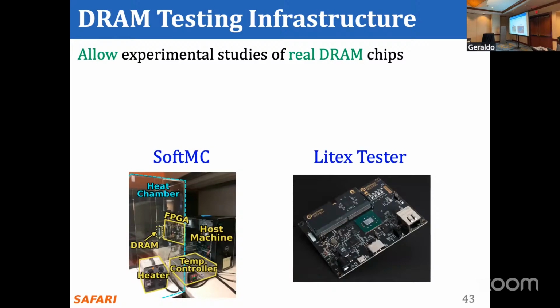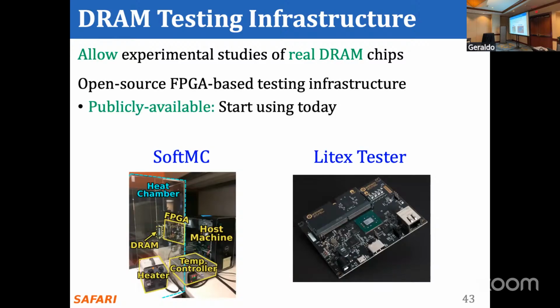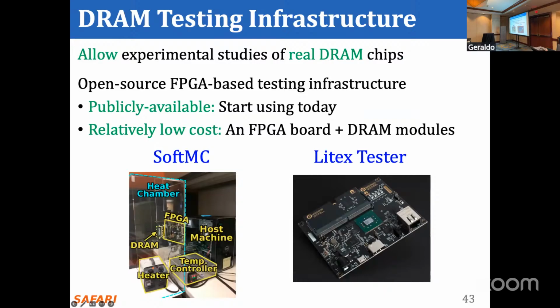There are DRAM testing infrastructures that allow experimental studies of real DRAM chips. Two open source FPGA infrastructures when we started developing DRAM Bender were SoftMC and LiteX Tester. They're publicly available and relatively low cost, right? Because you can get an FPGA board and start working on it, and you need to pay some money for DRAM modules, which cost 50, 60 bucks.